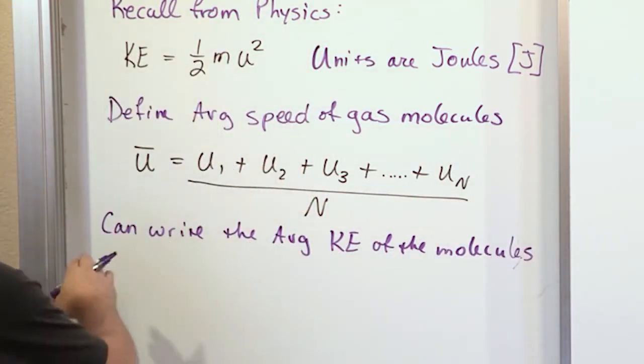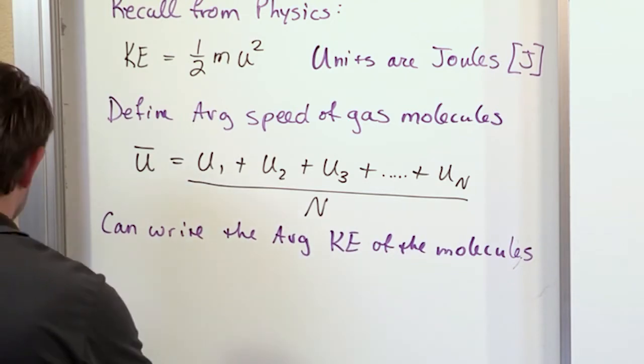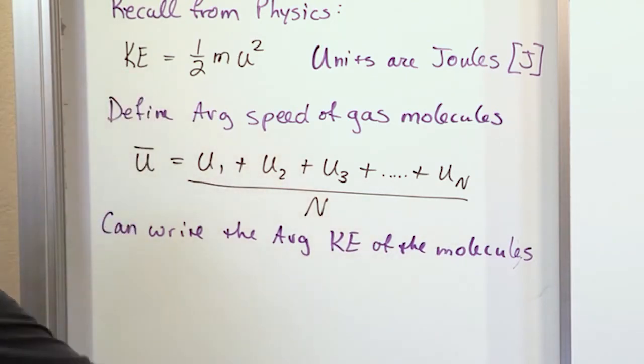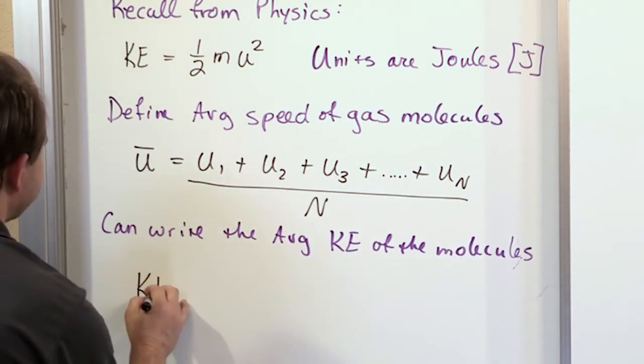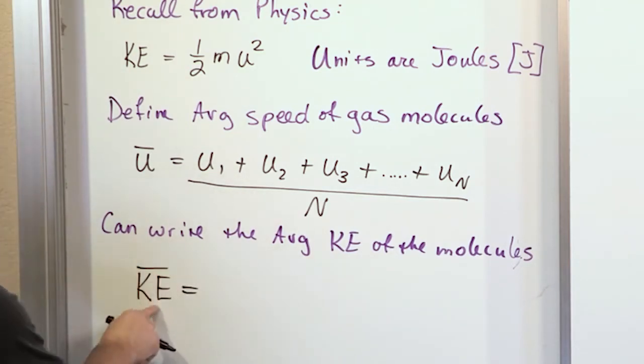We can write the average kinetic energy of the molecules as follows. Even though it's not practical, even though we may not be able to actually plug it in, we can still write it down. Average kinetic energy, like this, is equal to what?